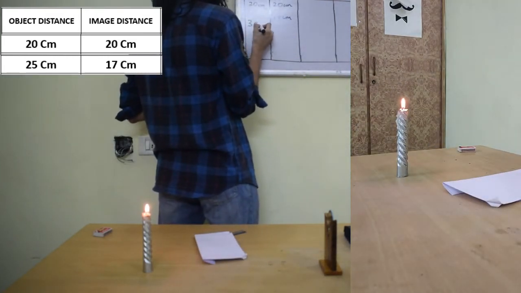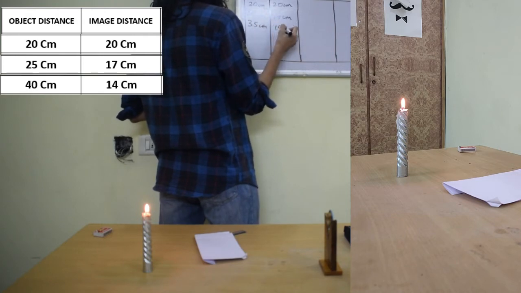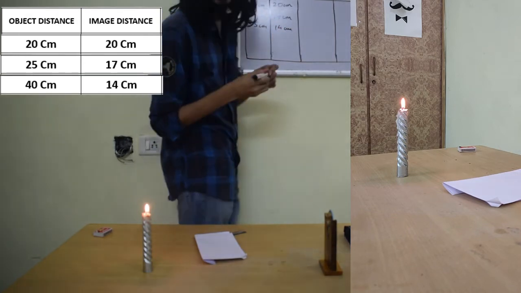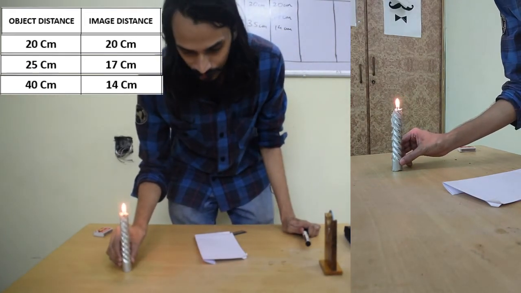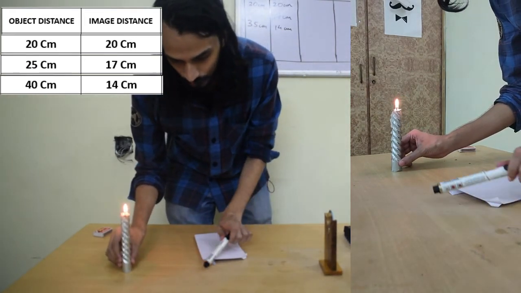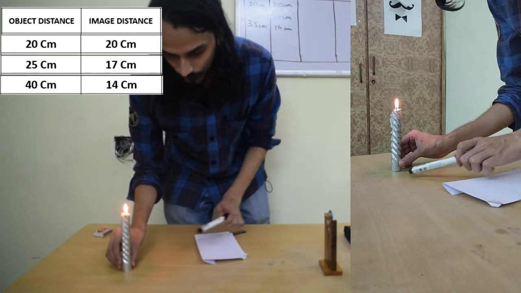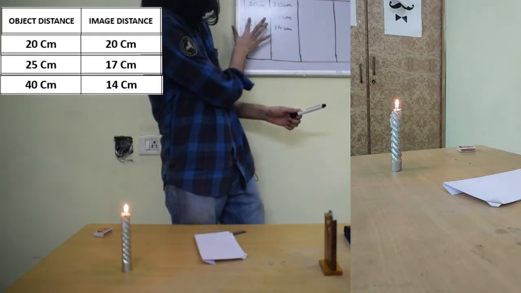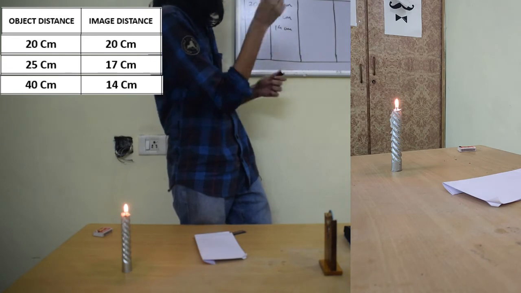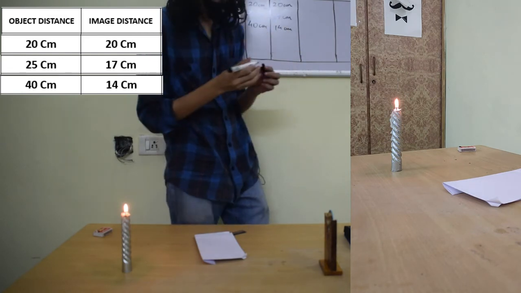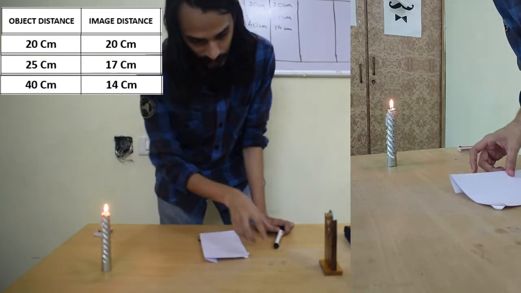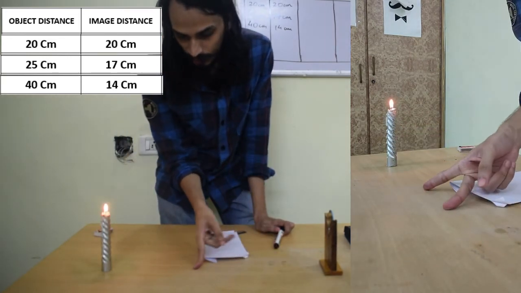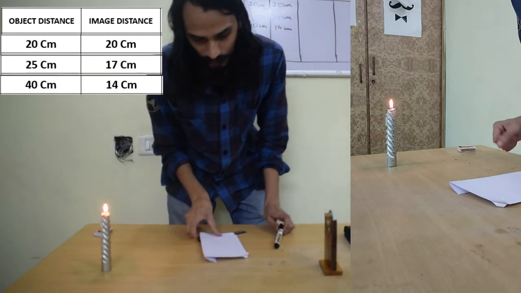So when my candle is 35 centimeters away, at around 14 centimeters, I am able to get a clear image. So I am going to go a little further. Not 35, it's 40. So I am going to go a little further and go to 50 centimeters, right? 30, 40 and 50.